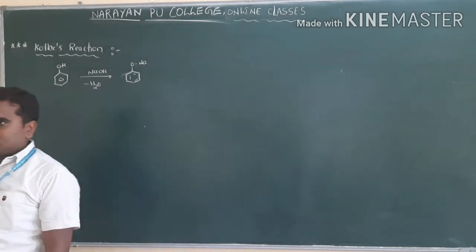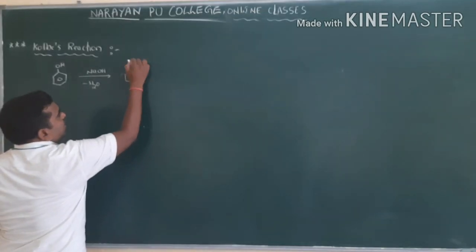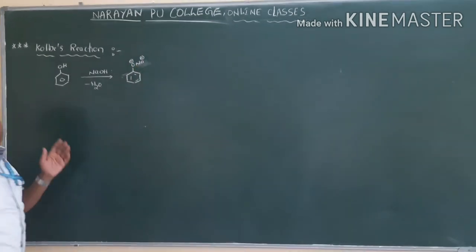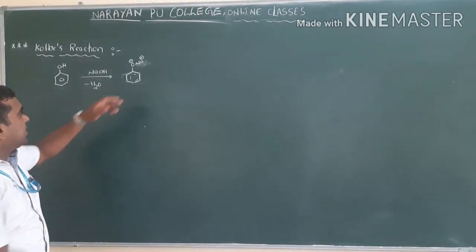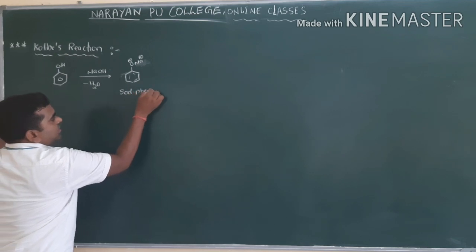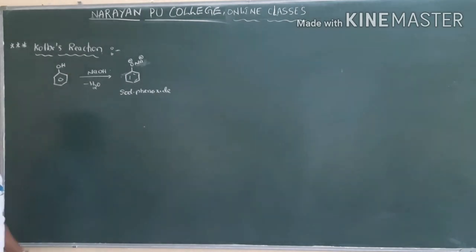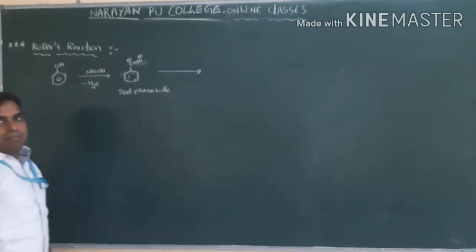According to the textbook they have given O minus and Na plus, or you can put a bond between the oxygen and sodium, no problem. This will be called sodium phenoxide. Now this sodium phenoxide is treated with carbon dioxide, followed by hydrolysis.